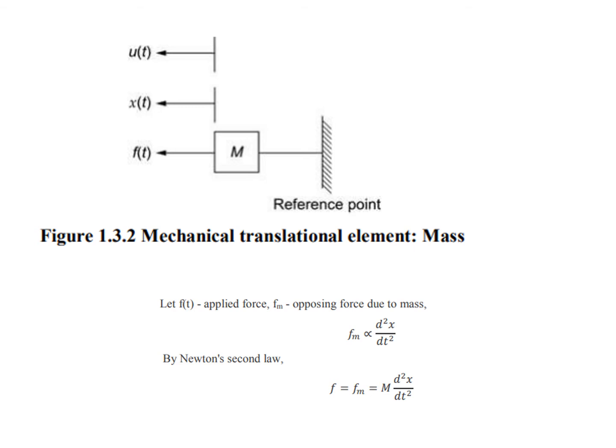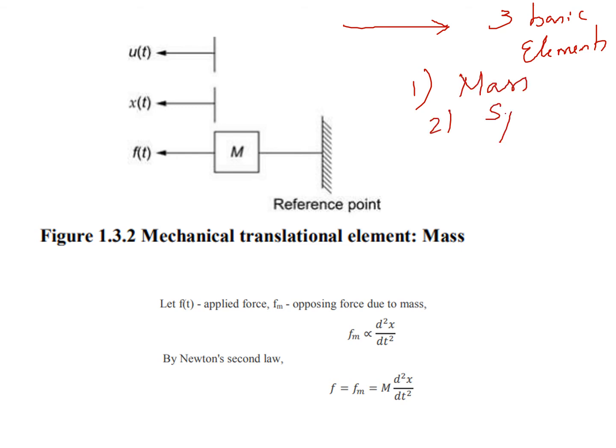The translational mechanical systems always move along a straight line. These systems mainly consist of three basic elements: one, mass; another, spring; and third, dashpot or damper.